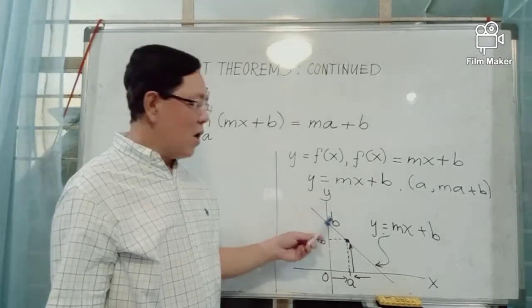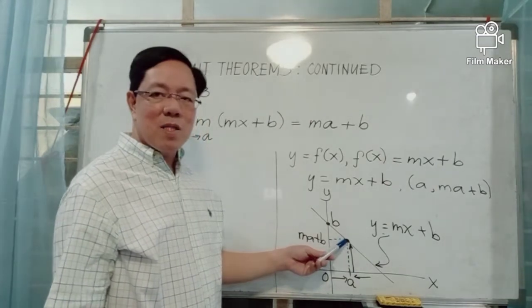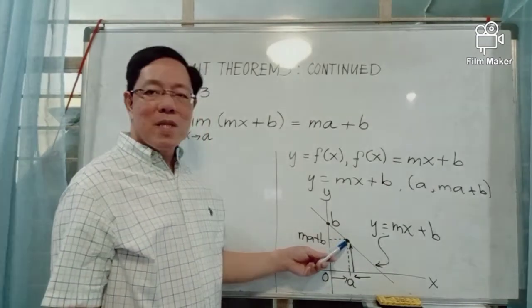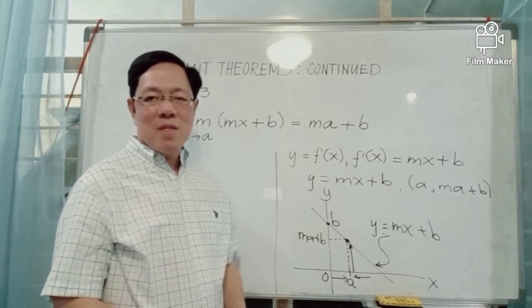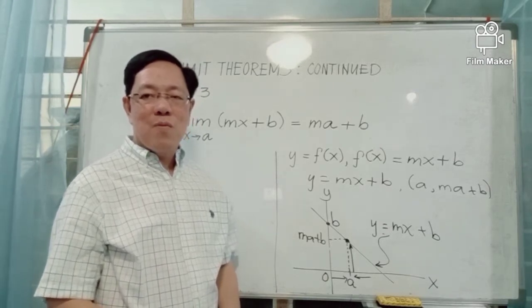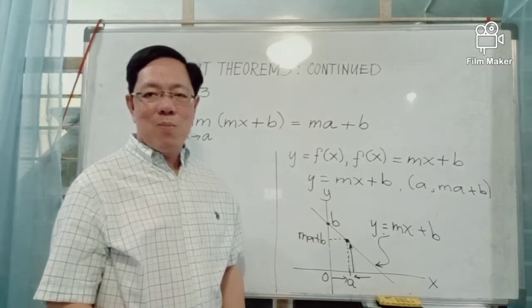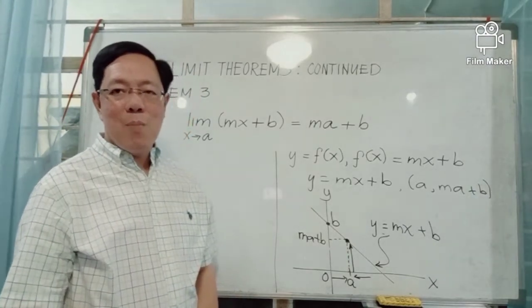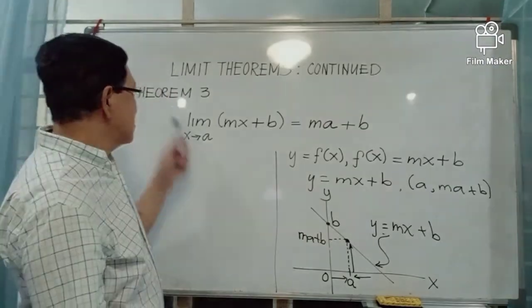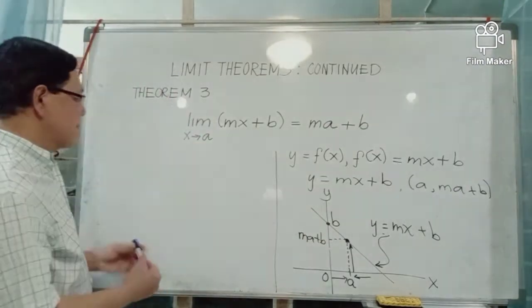That is, the graph of the line is continuous at this point. And we will take up more of points of continuity and discontinuity of a function over a given interval later on. We now take an example for the application of this limit theorem 3.